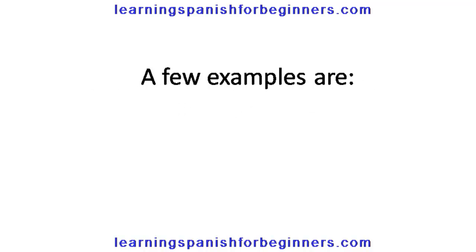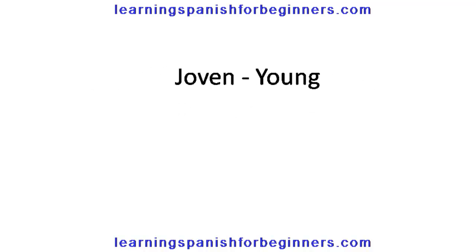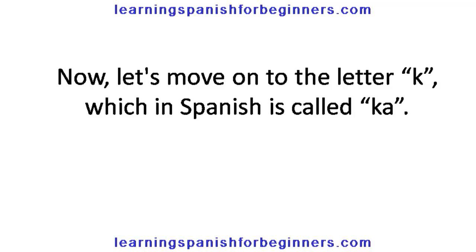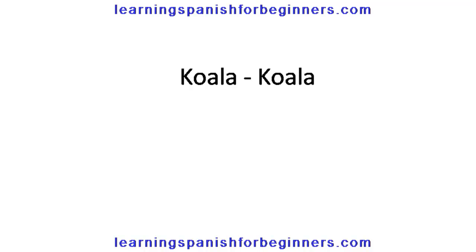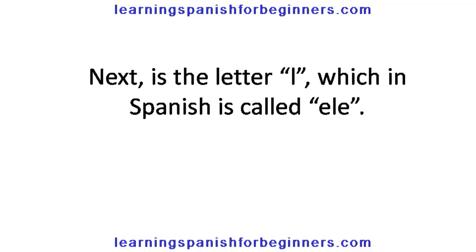A few examples are joven, young. Jalar, to pull. Juego, game. Now let's move on to the letter K, which in Spanish is called K. A few examples are kilogramo, kilo. Karate, karate. Koala, koala.